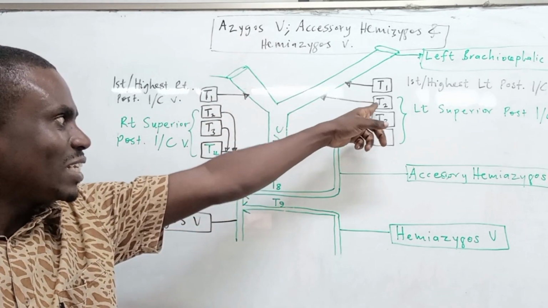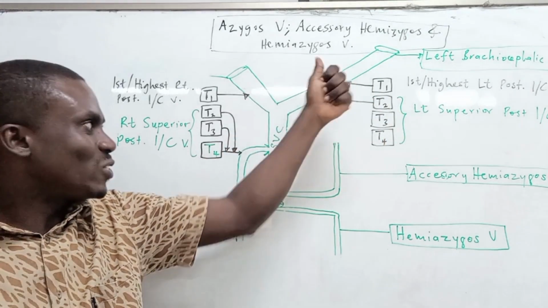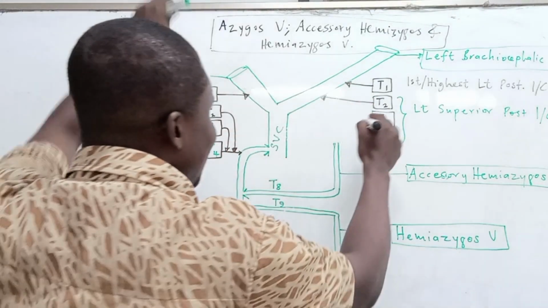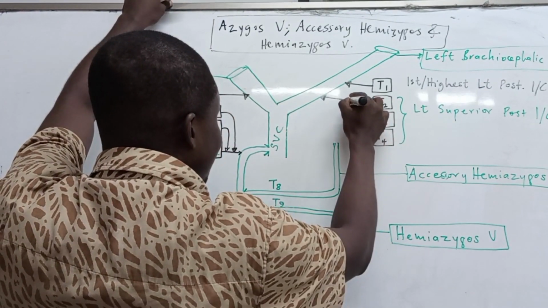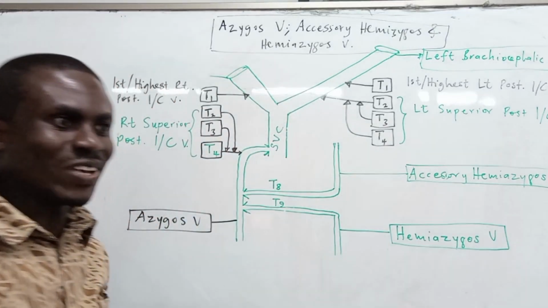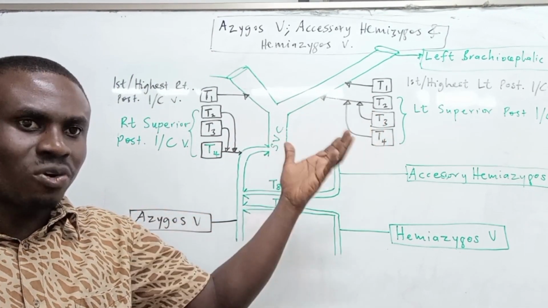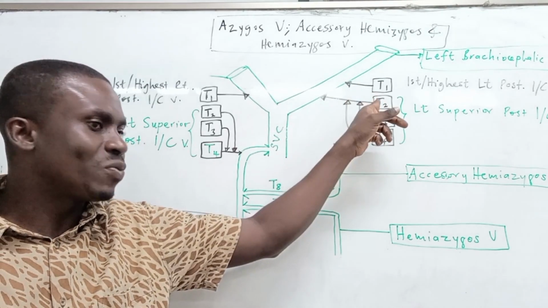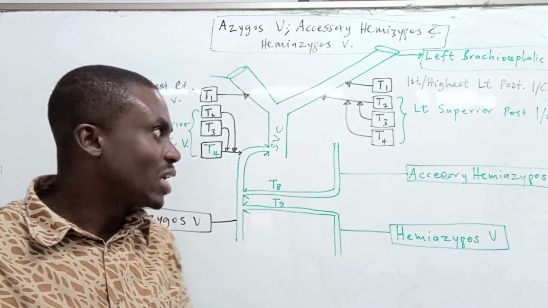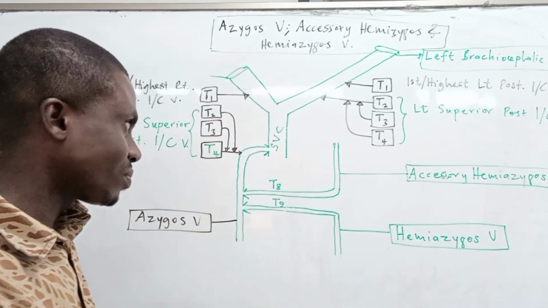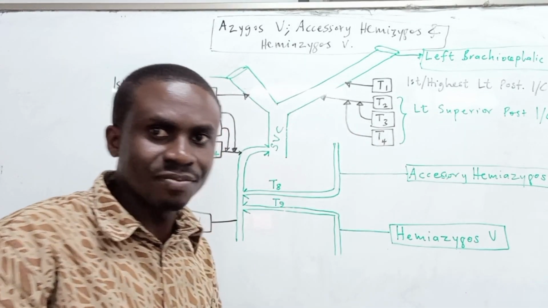But over here, the T2 is very close to this guy, and so it drains directly into it, and that is why the remaining two, T3 and T4 posterior intercostal veins to the left, will join that of the T2 and become a common vein, which is called the left superior posterior intercostal vein. So that's what we see.